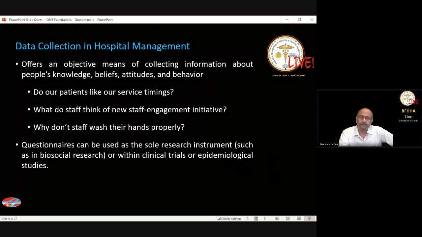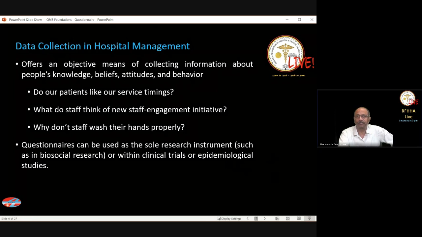Now, in almost all the MBA healthcare projects, the projects that the institutions or universities or colleges assign to the MBA students, they make a project, they conduct some research, and if it is questionnaire based, then in such studies the questionnaire is the sole source of data that particular study will have. It is a kind of biosocial research, which is different from the other varieties of scientific research.